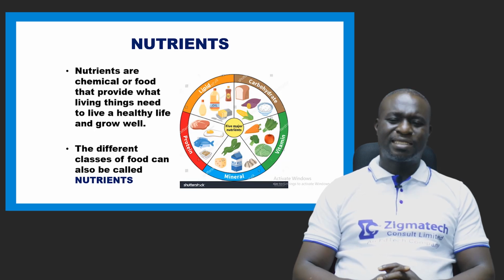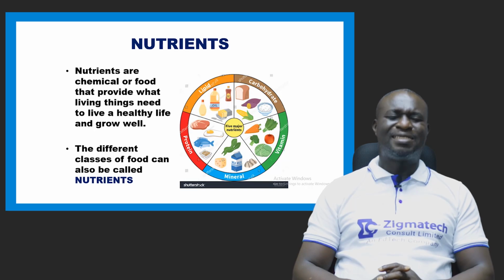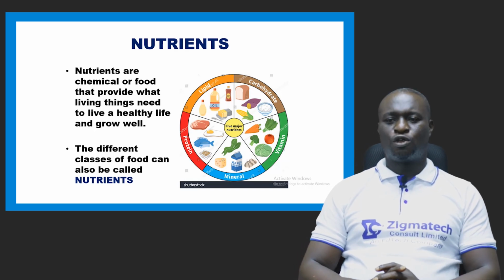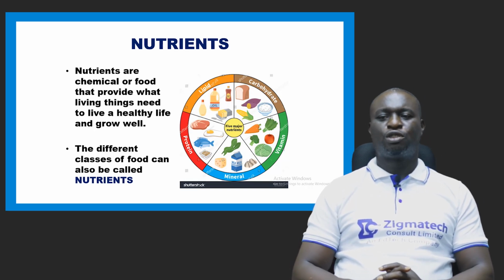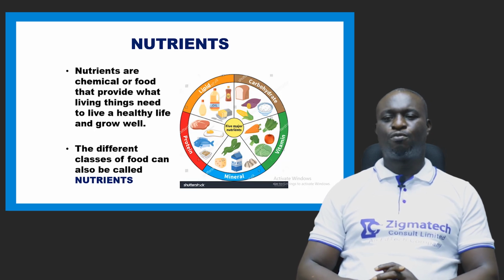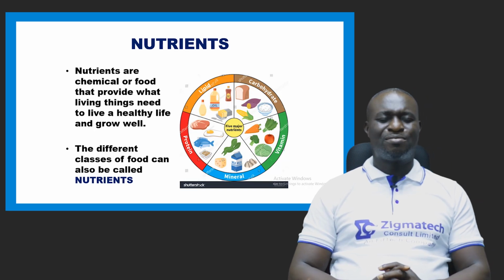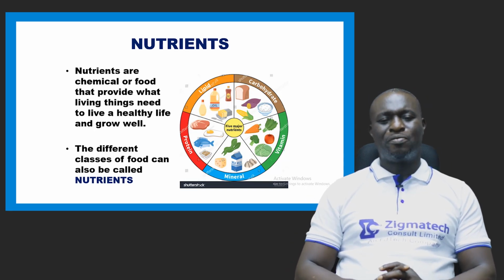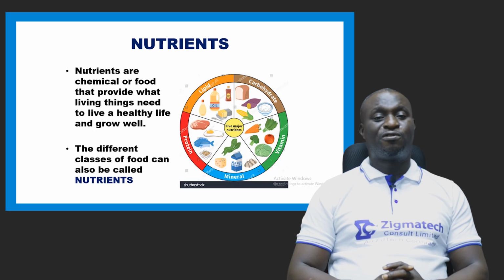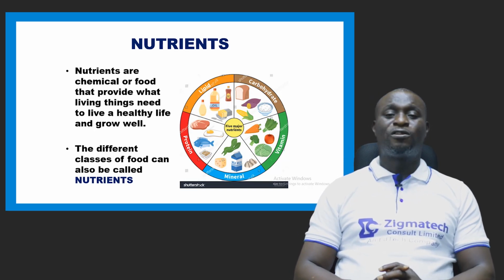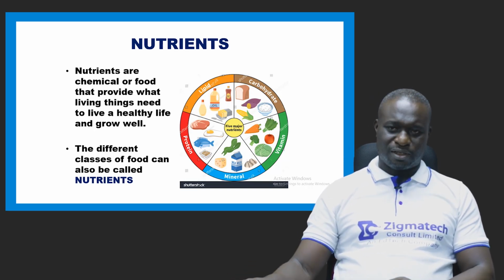The different classes of food can also be called nutrients. We have mentioned carbohydrates, proteins, fats and oils, vitamins, minerals, water, and fiber or roughages. All these are nutrients, all right?